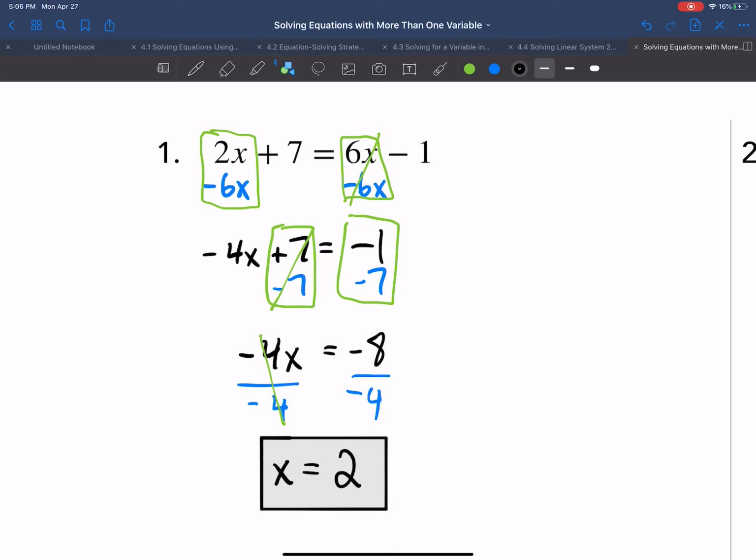And if we wanted to verify that, what I do is plug in 2 where I see x.